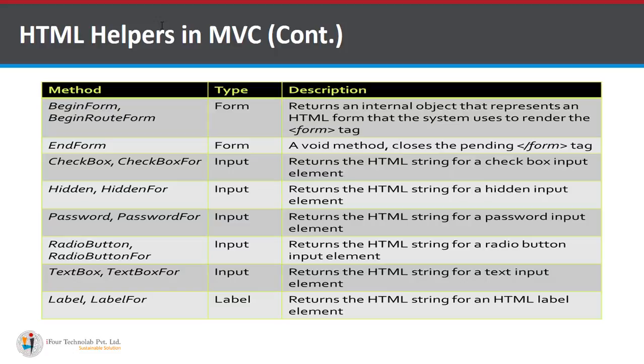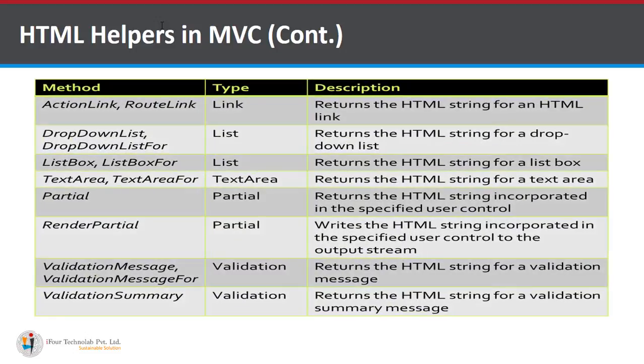LabelFor returns the HTML string for an HTML label element. ActionLink and RouteLink return the HTML string for an HTML link. DropDownListFor returns the HTML string for a drop down list. ListBoxFor returns the HTML string for a list box. TextAreaFor returns the HTML string for a text area.